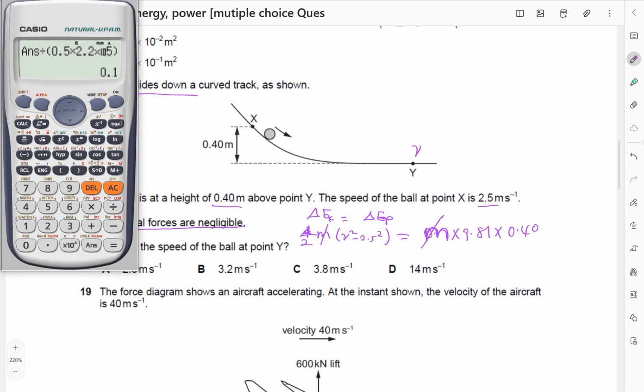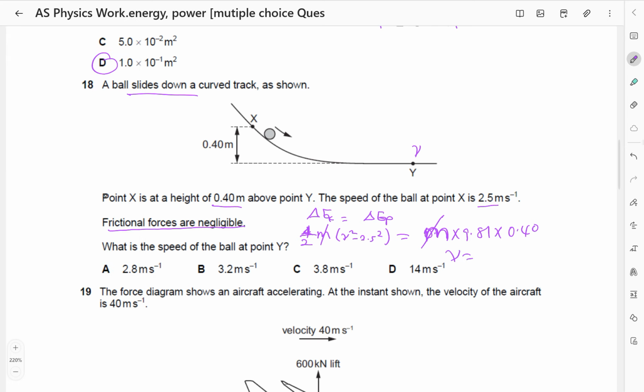So I'll just check with my calculator. 9.81 times 0.4. I cross multiply by 2. Then I add 2.5 squared. Then I find the square root. So I'm getting this as 3.75, which is approximately 3.8.